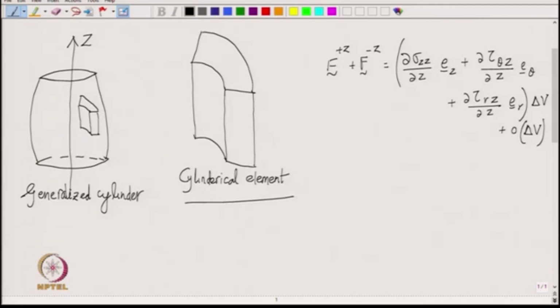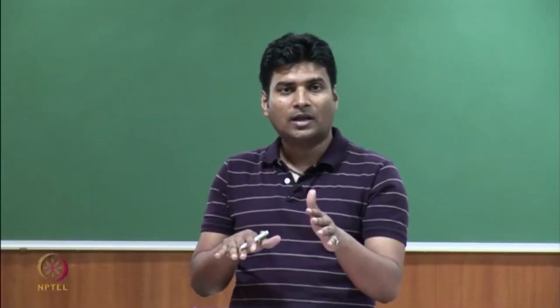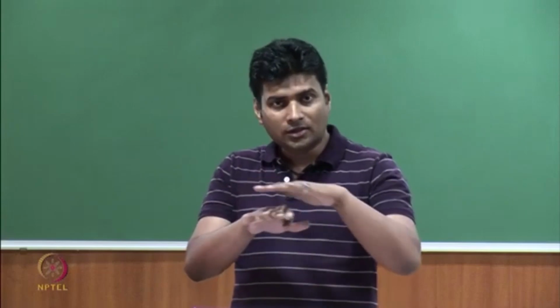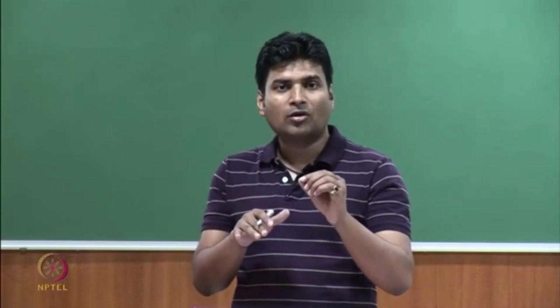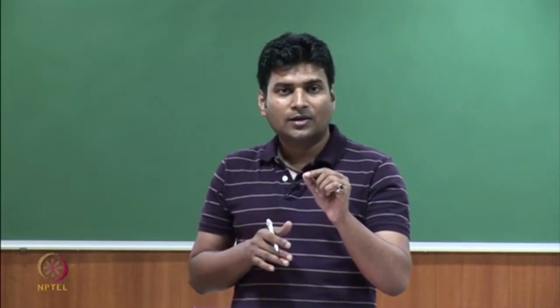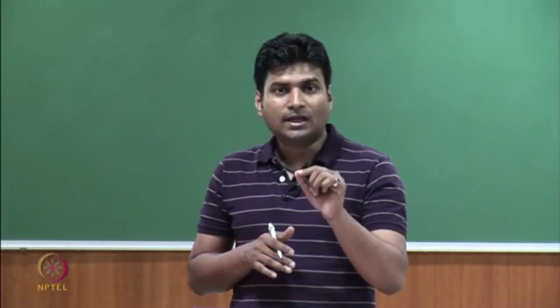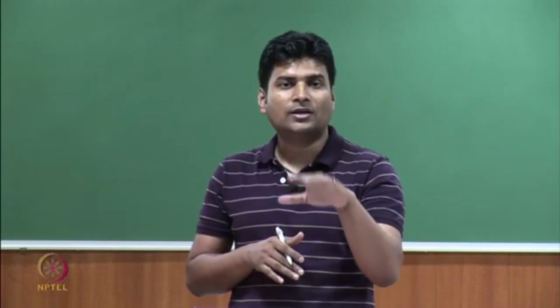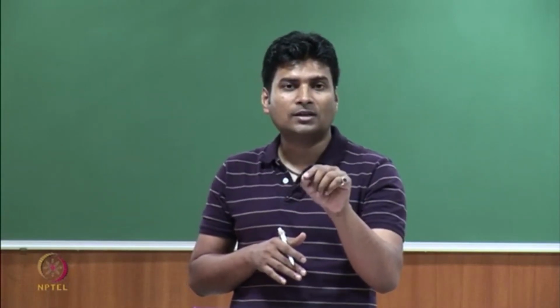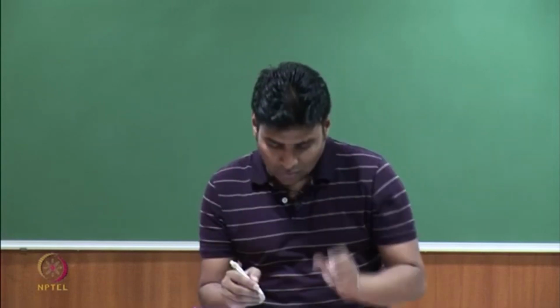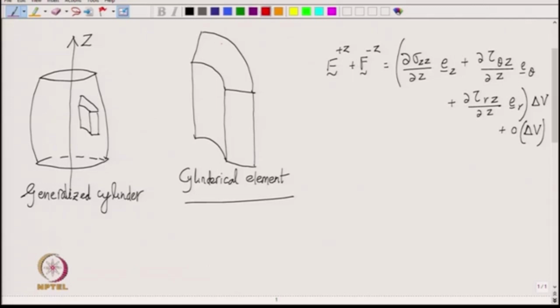So instead of thinking that the traction is varying on the plus z plane and minus z plane and then integrate the traction over the surface, we could also think of the traction being the same everywhere on the z plane, and its value would be what it is at the center of the z plane. Okay. So, basically here the top face is the z plane, right, and then let us find out what is the traction at the center of this z plane.